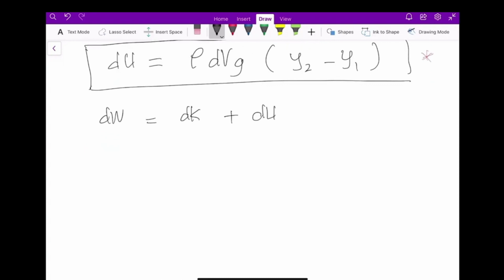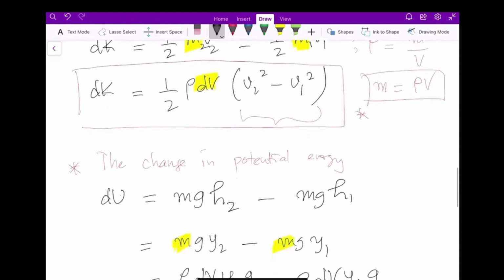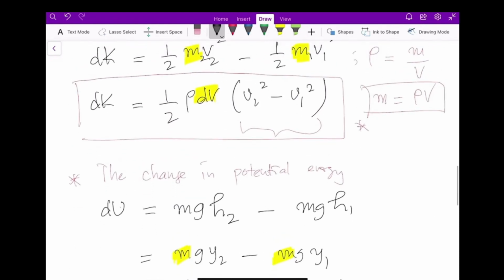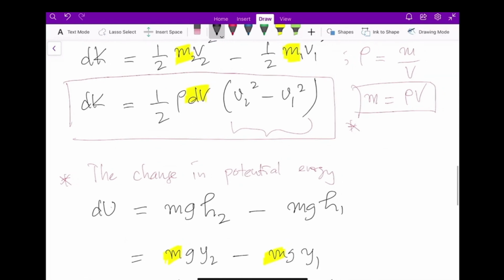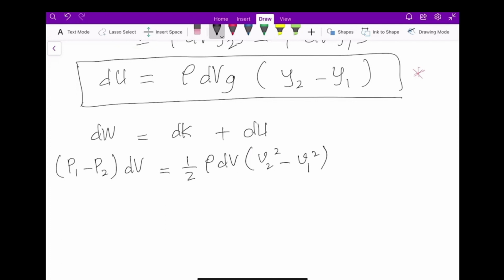If you go back to the previous equations, you know that dW equals (P1 minus P2) dV. dK equals 0.5 rho dV (V2 squared minus V1 squared). I'll just write it again here: rho dV, V2 squared minus V1 squared.